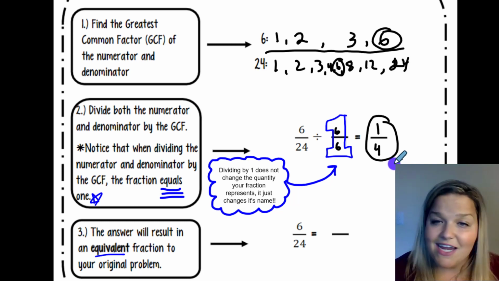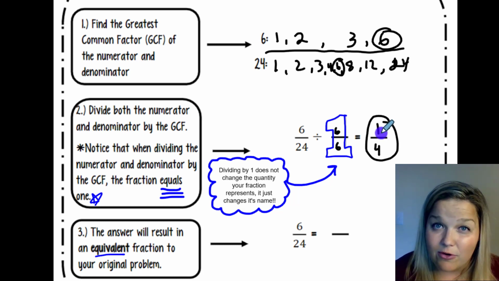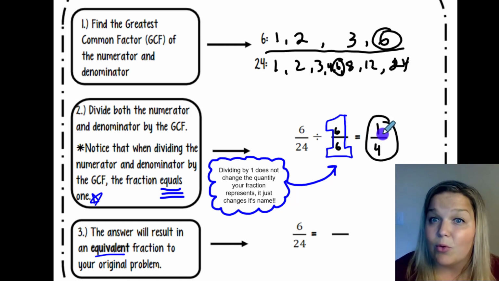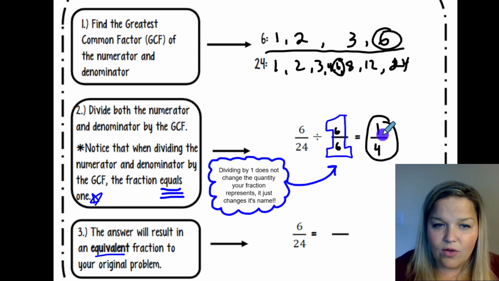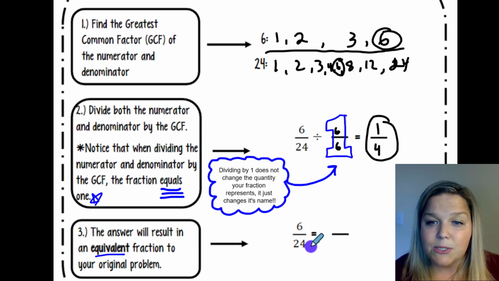We just would have divided that rectangle into different amounts, but 1/4 is a much bigger piece than 1/24, so it takes 6 of them to make the same quantity. So it says the answer will result in an equivalent fraction to your original problem. 6/24 equals 1/4.